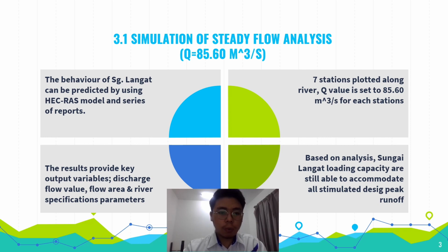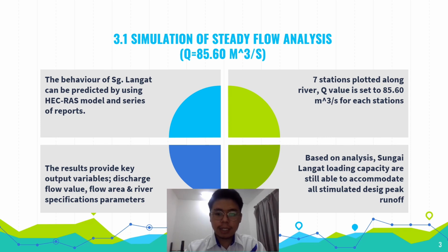For 3.1, the behavior of Sungai Langat can be predicted by using the HEC-RAS model and a series of reports. The results provide key output variables, which are the discharge flow value, the flow area, and the river specification parameters. We have set 7 stations plotted along the river, and the Q value of 85.6 meter cube per second was taken for each station.